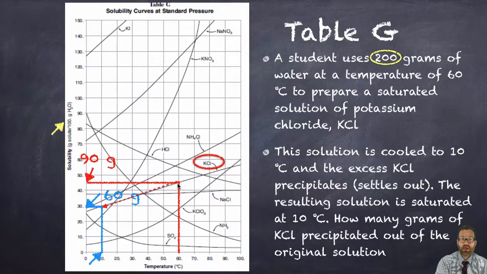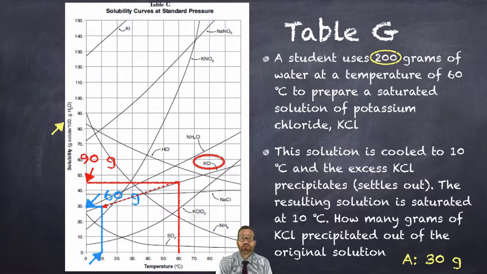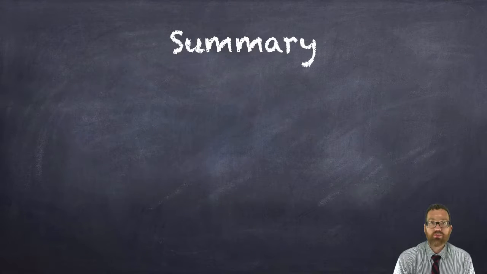So the question was, how much of this original solution precipitated out? Well, if it held 90 grams at 60 degrees Celsius, and then I cool it down to 10, and it's now only holding 60 grams, what's the difference between those two? 90 minus 60 is 30 grams of KCl precipitates out.